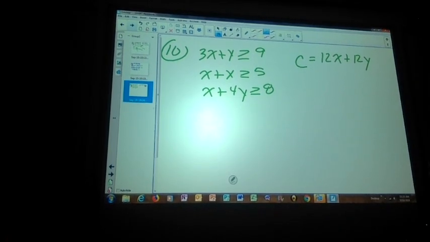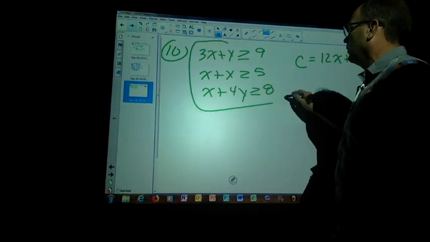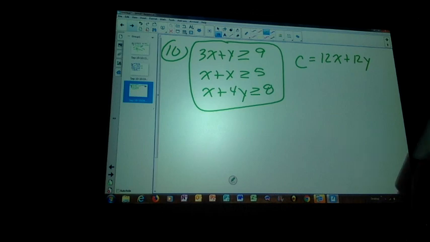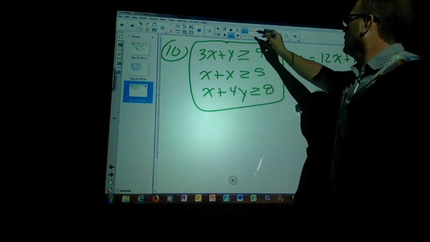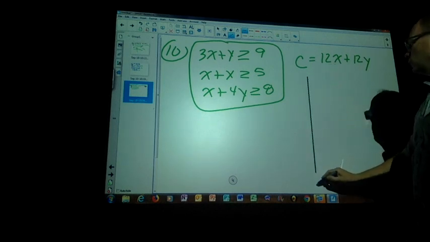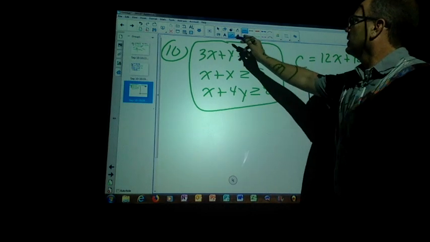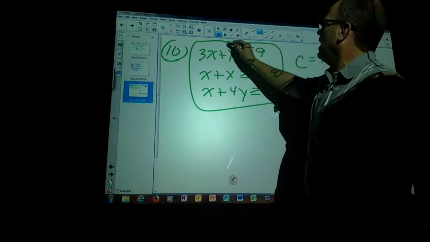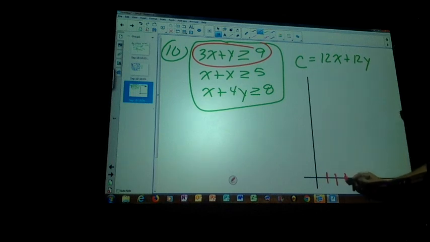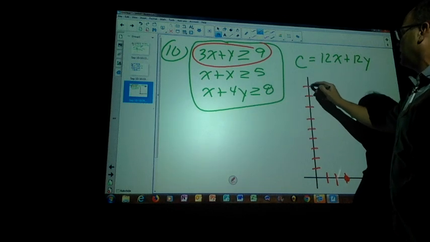First thing they want us to do is graph these to find our bounded region. Is that okay? So doing the best we can. All right, this line cover method would totally work. So 1, 2, 3. And 1, 2, 3, 4, 5, 6, 7, 8, 9.